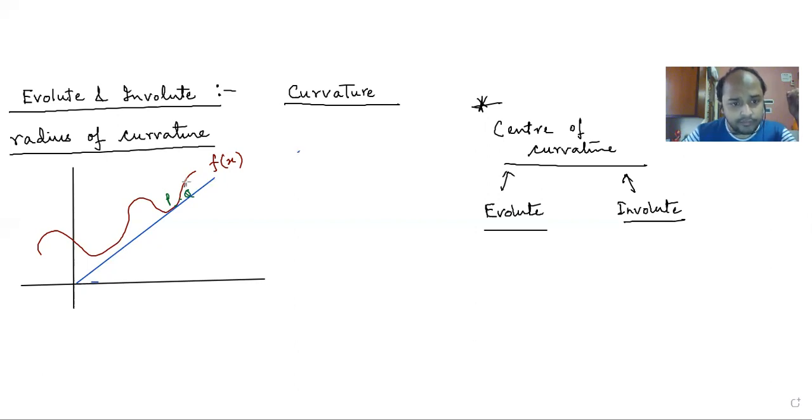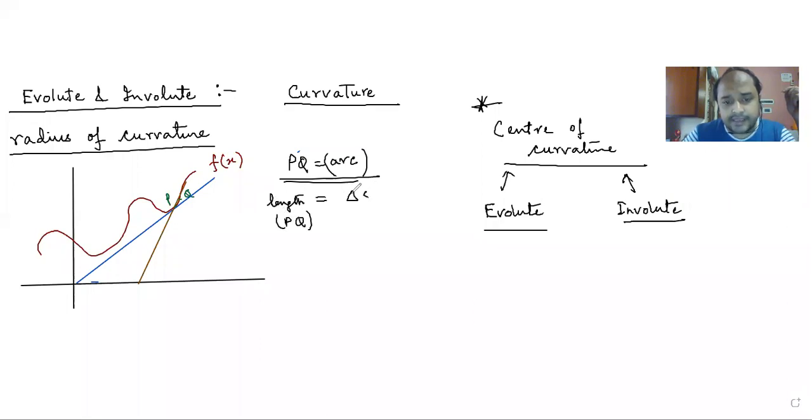Now you see the length, this PQ, what is it? This PQ is actually a very small arc of the curve, and I'm considering the length of PQ to be delta S. If S is the arc length, delta S is the length of the small arc PQ.